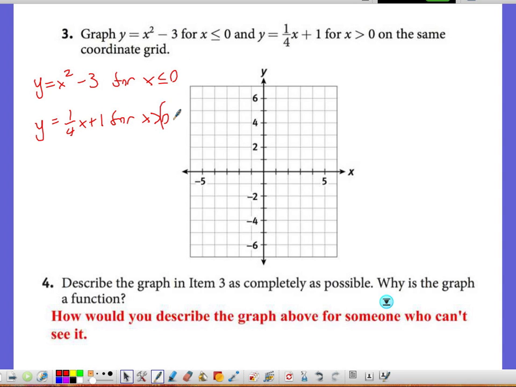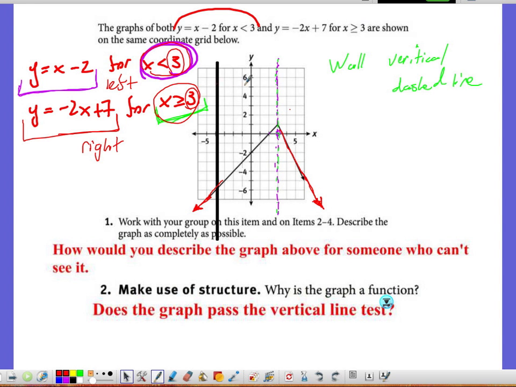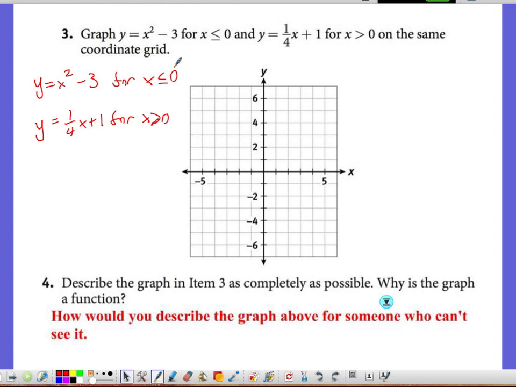Notice here again we have the common pair of numbers in our domain restrictions, and so just by looking at the pair, that's right on the x-axis, that's where we draw our vertical dashed line. That's where the wall is going to be. So here my wall is actually going to be at x equals 0, and I draw that vertical dashed line right there. Now here's what we have to figure out.